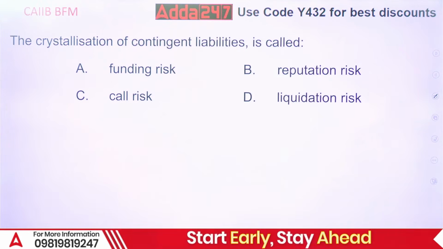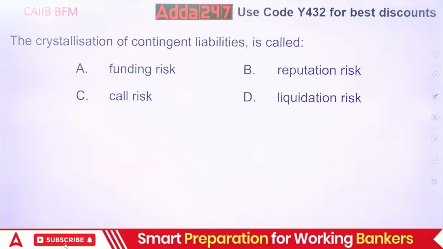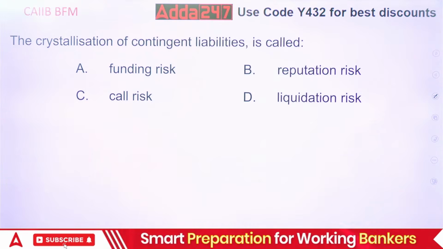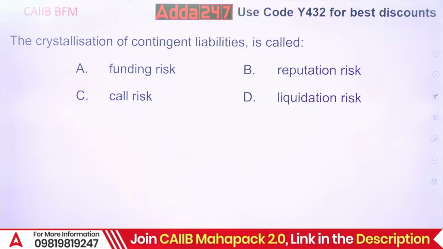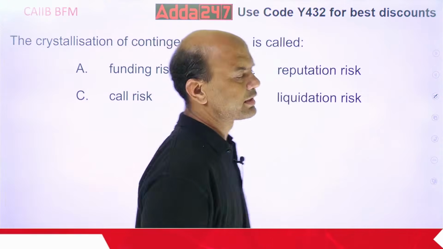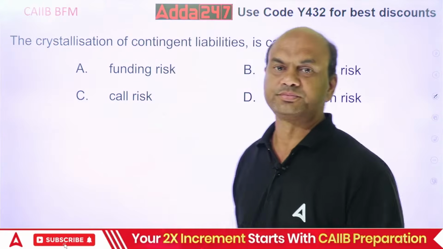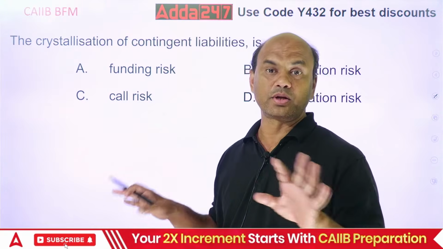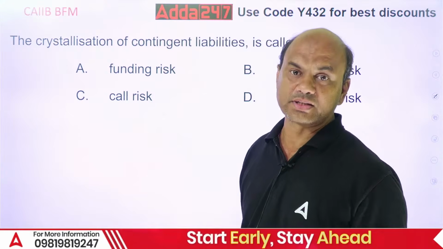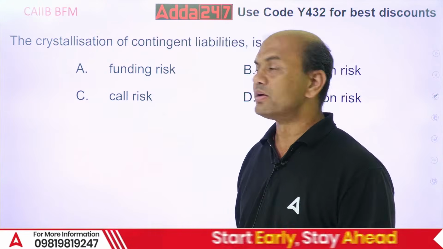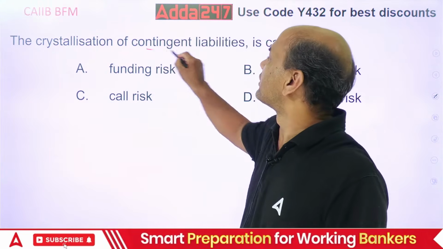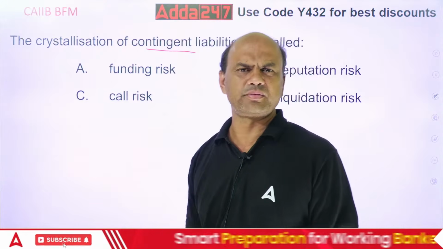Some of you are answering D. D is not the answer. Just now we discussed, no? Crystallization is of two types, I told you. One is of Forex, second is of LC and bank guarantee. So contingent liability means LC and bank guarantee.